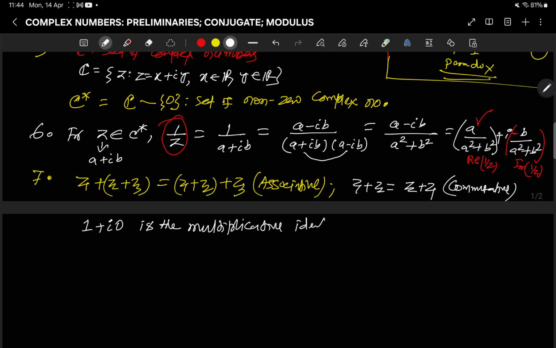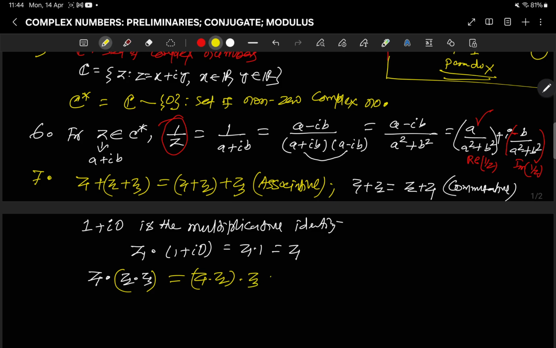That means if I write Z1 into 1 plus i0, it is simply Z1 into 1, which is my Z1. Likewise, I can write Z1 into Z2 into Z3 here, so this is equal to Z1 into Z2 into Z3 grouped differently. Similarly, Z1 into Z2 is the same thing as Z2 into Z1.